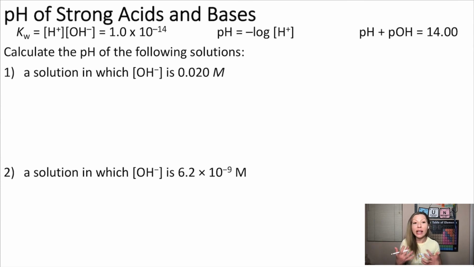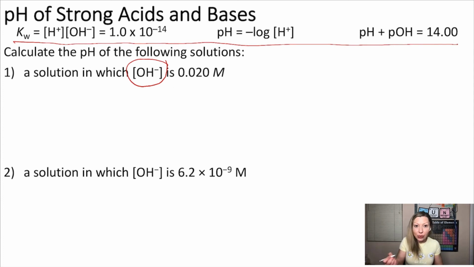Here we are only given the hydroxide ion concentration, and in the first example it is 0.02 moles per liter. And we know these nice expressions from the previous slides. So the pH equals the negative log of the hydrogen ion concentration.